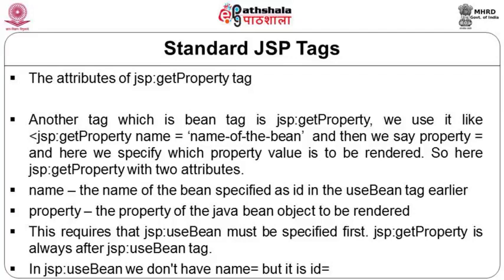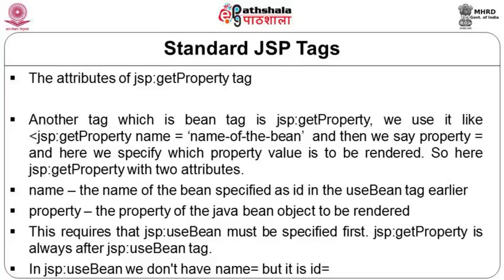Next, another bean tag is jsp:getProperty. What we do here is jsp:getProperty name equal to, I am sorry, as far as jsp:useBean is concerned, we do not have name equal to; there it is id equal to, and there we give the name of the attribute.